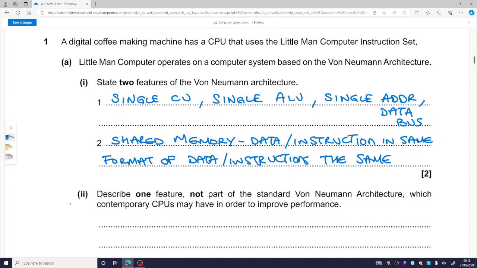Okay, anyone got any queries about that? So I was a little bit loose. If I know what you're saying, I gave you the mark. If it was a bit too vague, there's one other thing that I've missed. What's the other thing you could have said about a von Neumann? Think about what happens in the fetch execute cycle. What's involved? So we've got a control unit, ALU, buses.